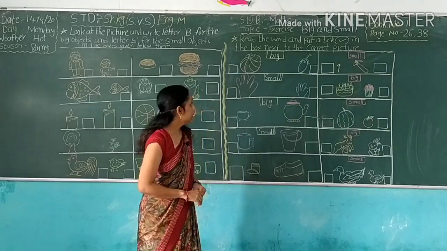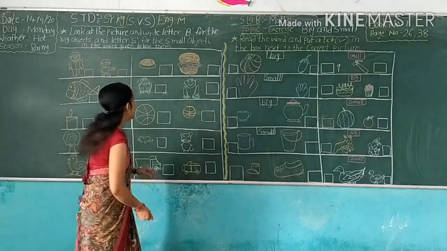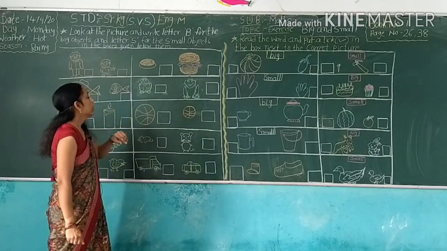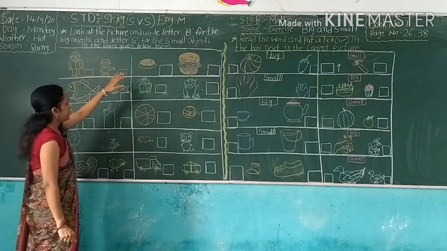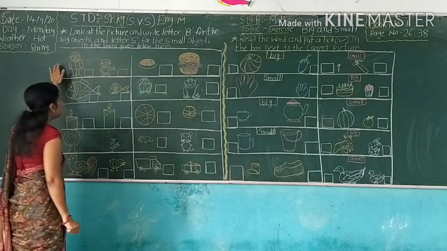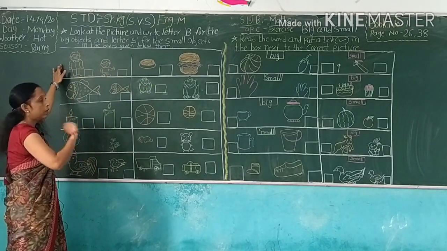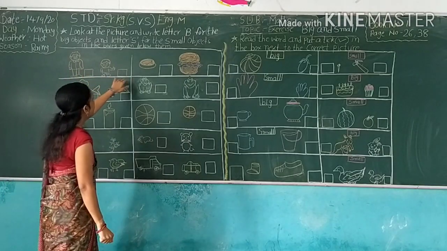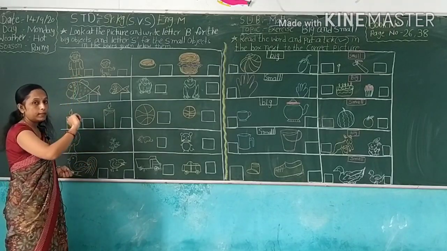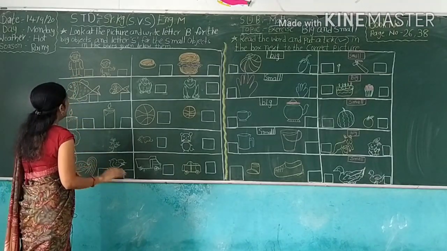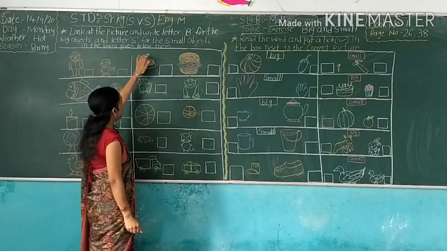Today I am going to teach you exercise of the comparison. Our first comparison is big and small. So student, look at the picture and write the letter B for the big objects and letter S for the small objects in the boxes given below them.